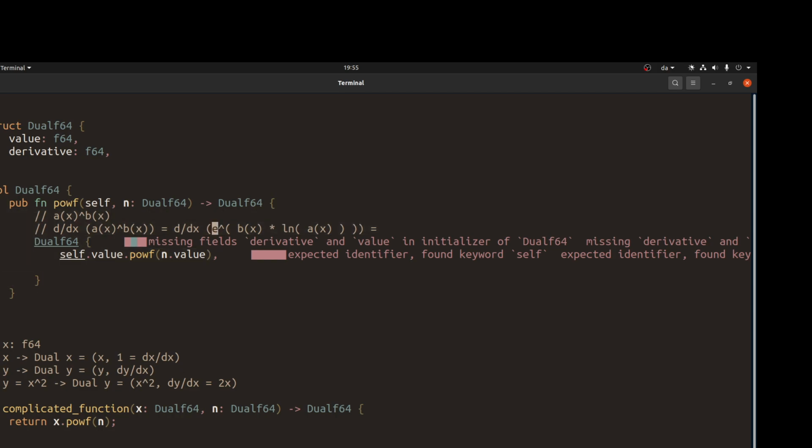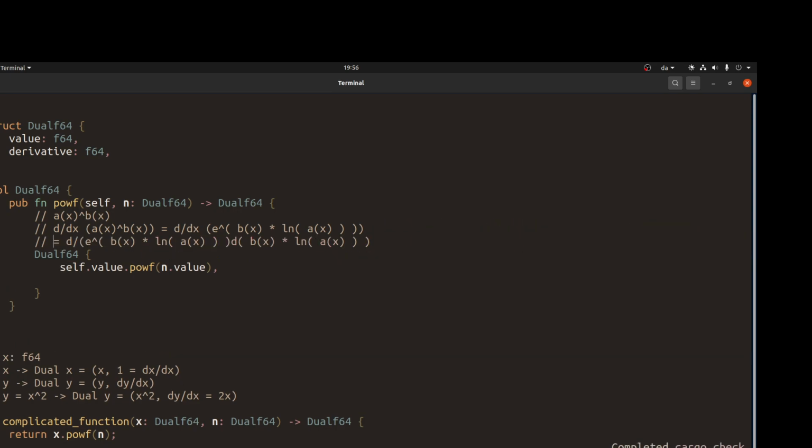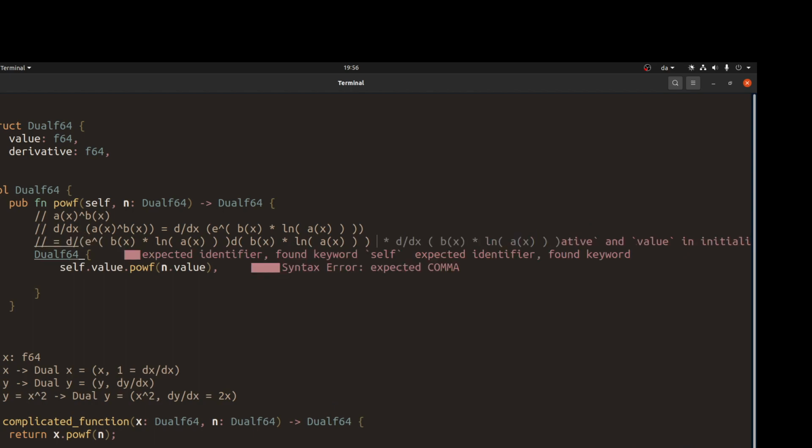There we go. So it's equal to that thing, the derivative of that with respect to all of this. Let's put a bracket in there and a bracket there. So basically the derivative of all of this, and let's get it on a new line because there's too much, times the derivative of the inner thing.